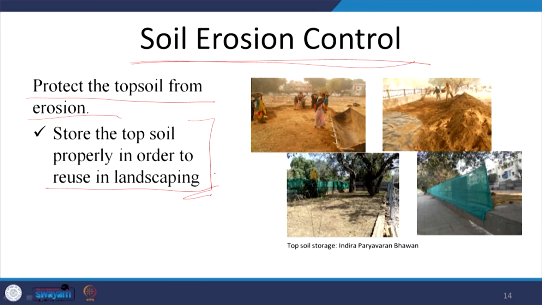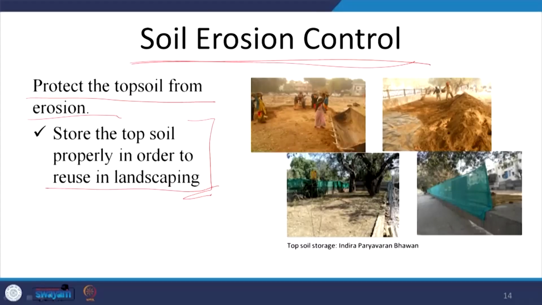In addition to just reusing the soil, we should try our level best to bring the same soil back to the same place, because a lot of bacteria are there in the soil which is the characteristic of that soil. So if the soil which was excavated from, say, site A is brought back to site A, it will be beneficial and the overall site will be healthier, more sustainable.